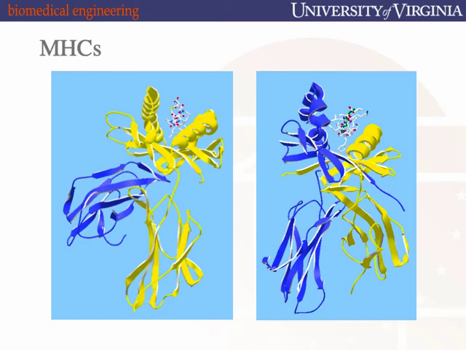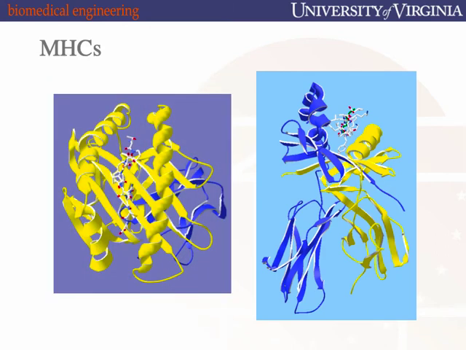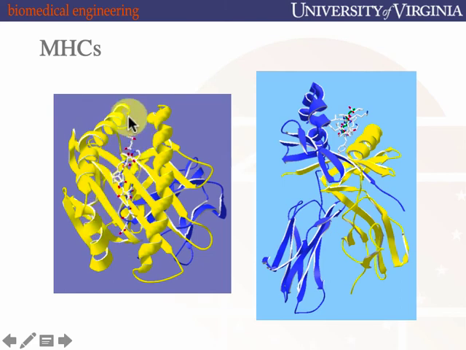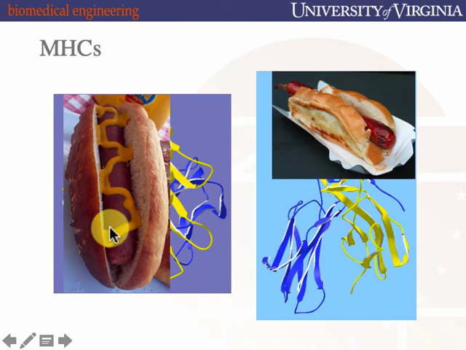So about double the size. The analogy here is this is like your hot dog with the standard size hot dog bun, right? Fits nicely within the pocket, got a little bit of overhang of the bun. And MHC2 is like when you've got a foot-long hot dog in a regular size hot dog bun. All right? So it can hang off a little bit more.